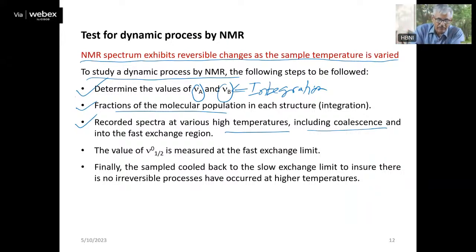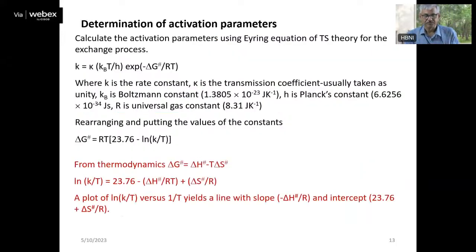Then you also have to measure the line width in the fast exchange limit, because you will get the delta from here to put in your line shape equation. Then you should cool the sample and see whether you again get all those things. What I have told you is written here.